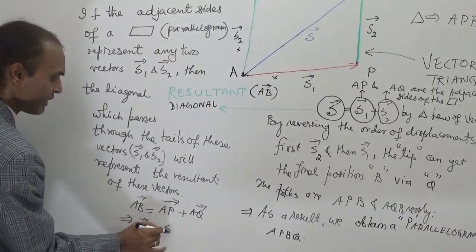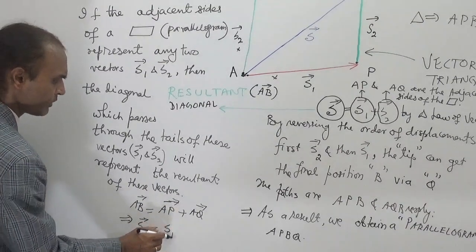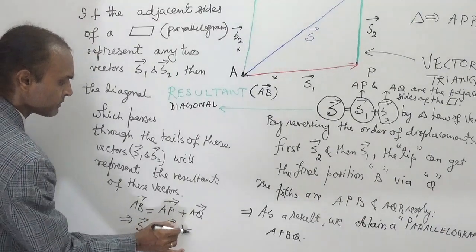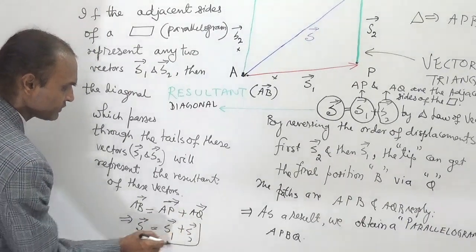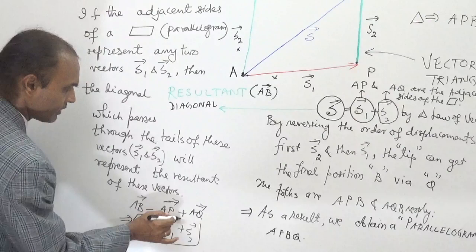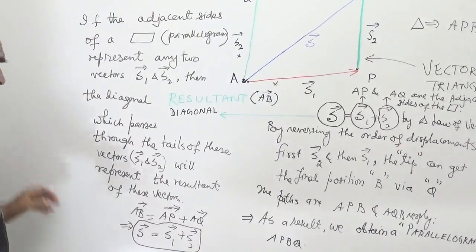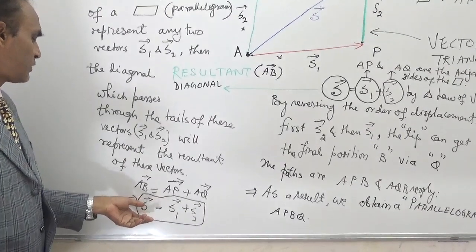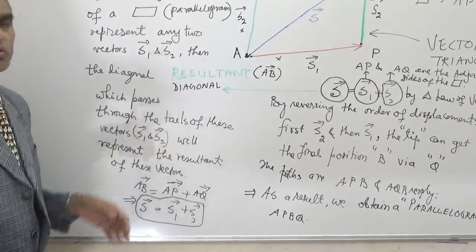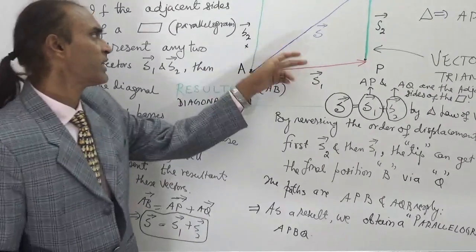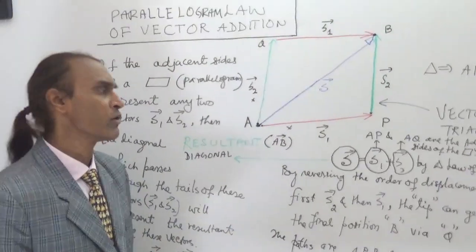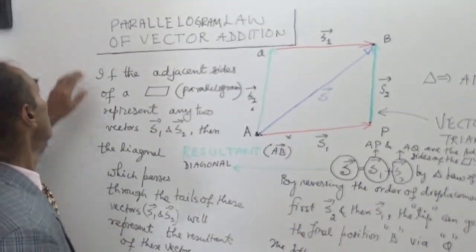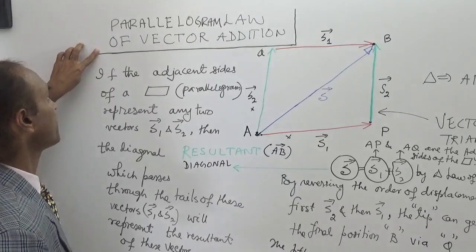AP is the displacement S1 and AQ is the displacement S2. So it looks like the expression of the triangle of vectors, but actually there is no such difference, because by these two triangles we are getting a parallelogram. So this is the parallelogram law of vector addition.